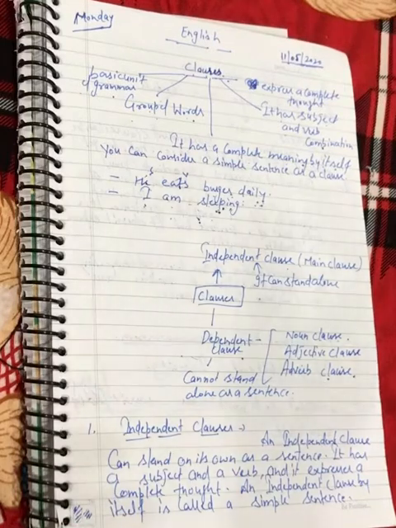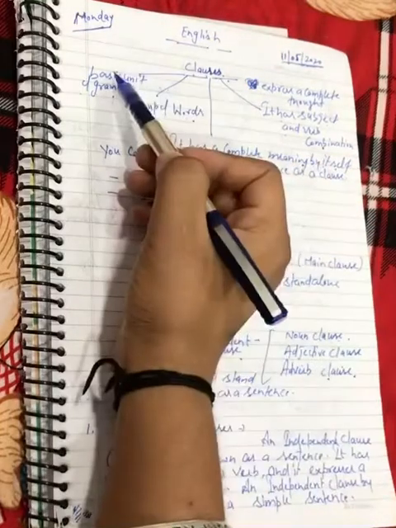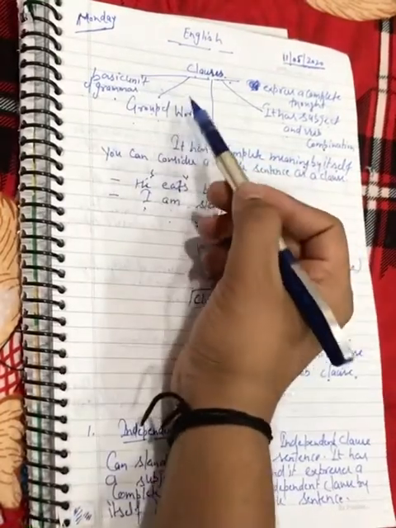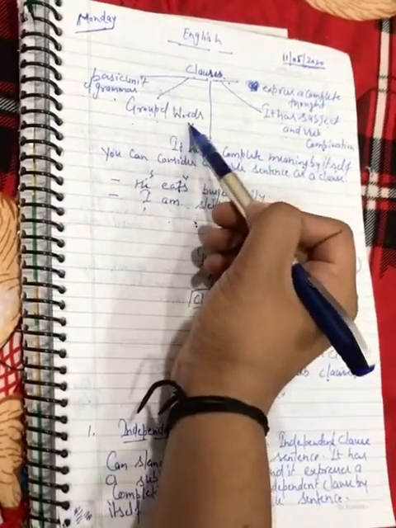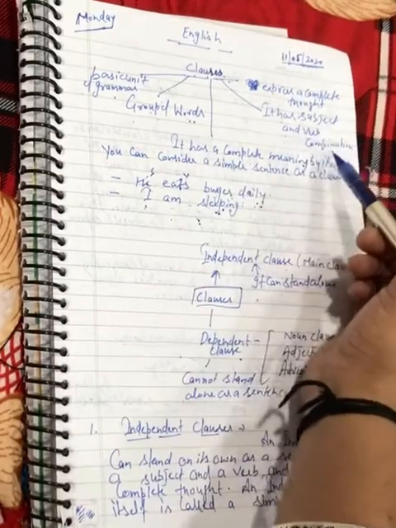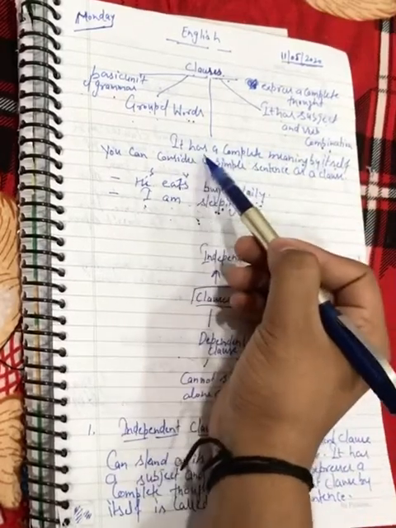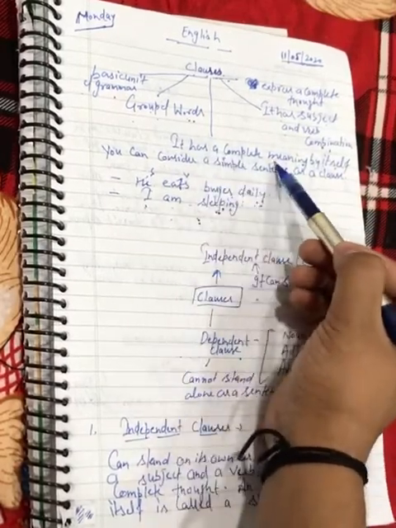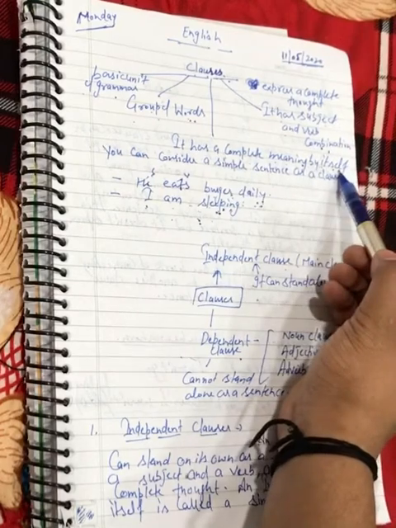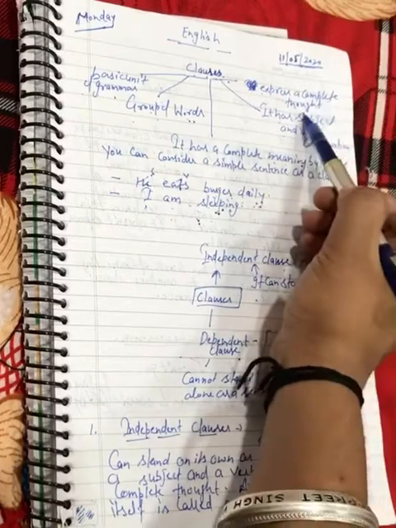So what is a clause? A clause is a basic unit of grammar. It is a group of words, and it has a subject and verb combination. A clause has a complete meaning by itself. It can express a complete thought.